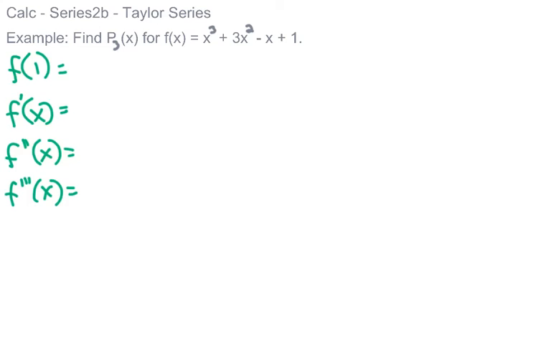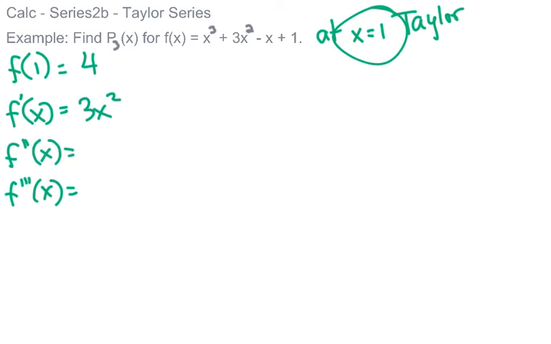So we got the first plugging in 1, and by the way, this is at x equals 1. Okay, at x equals 1. So that's our center of approximation, and that means it's a Taylor series. So plugging 1 in for f gives us 4. You could try that out if you want to. And then taking the derivative, we have 3x squared plus 6x minus 1 at x equals 1.